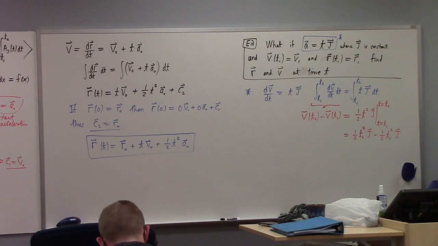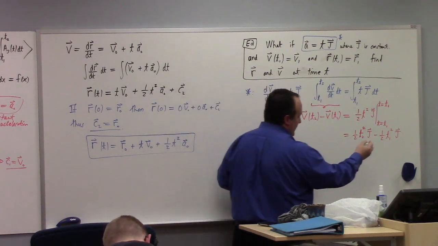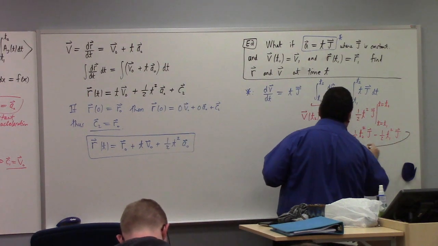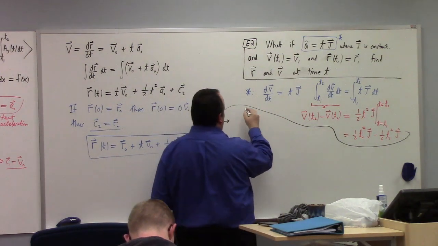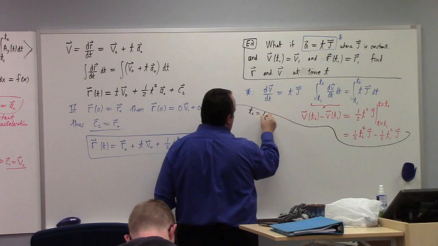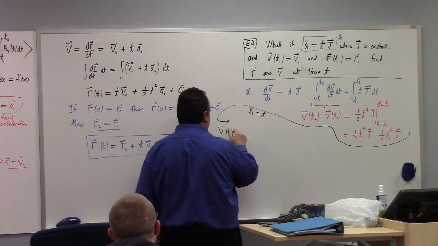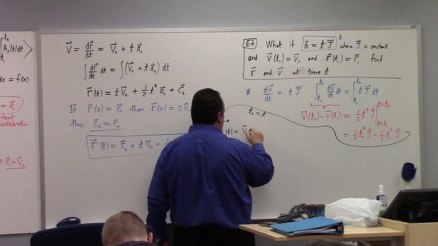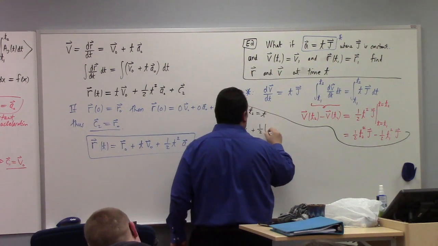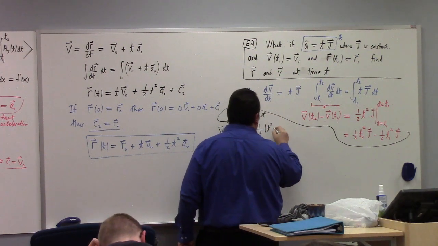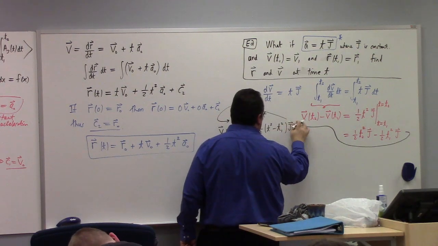Let me put this all together here. I'm going to pick up the story over here. This gives me, I'm going to let t2 equal t, and if I do that, I find the following: the velocity at time t is equal to v1 plus 1/2 (t squared minus t1 squared) times the j vector.